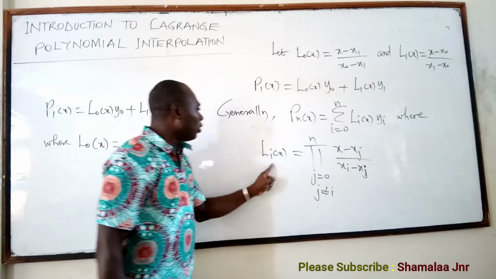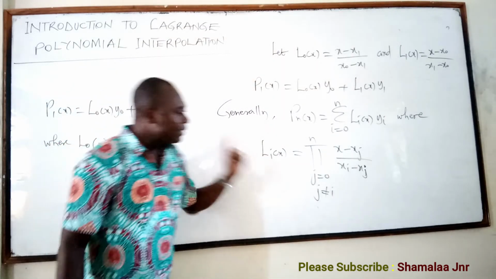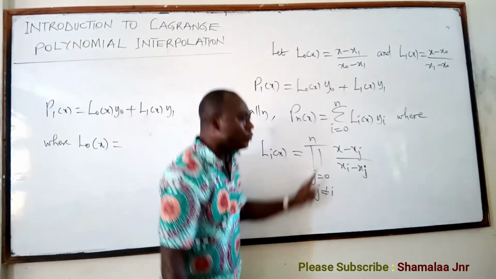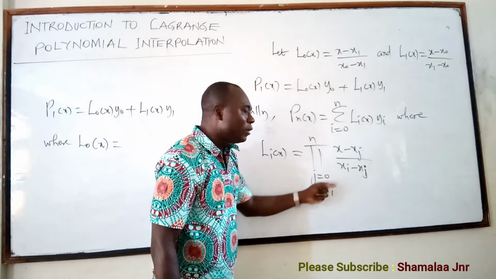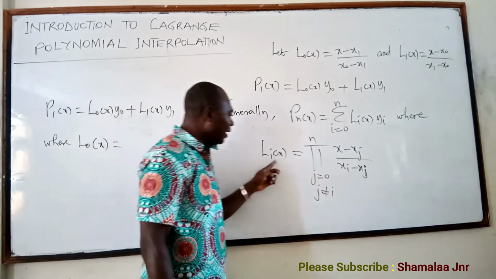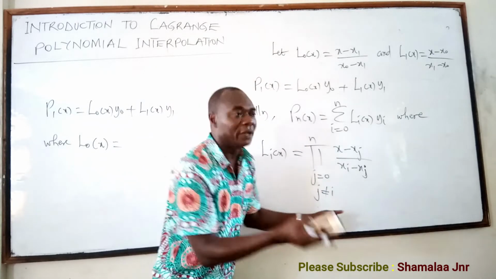If I say L naught, then straight away i is 0. And we are saying that j should not be equal to i. So as soon as j sees that i is 0, j cannot take 0. j will start from 1.